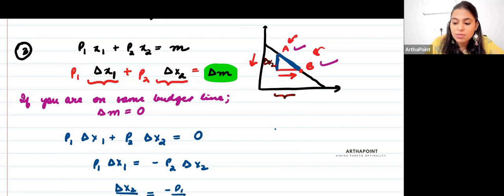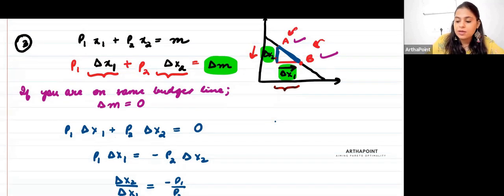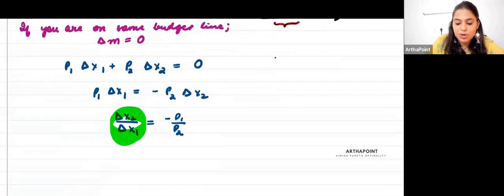The change in amount of good 1. So change in X1. So the slope can be written as change in X2 upon change in X1. So change in X2 perpendicular upon change in X1 base, and that gives me the same thing, minus P1 by P2.